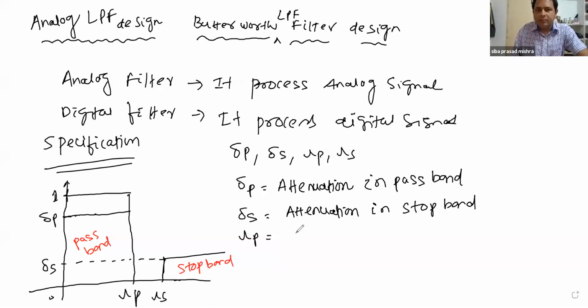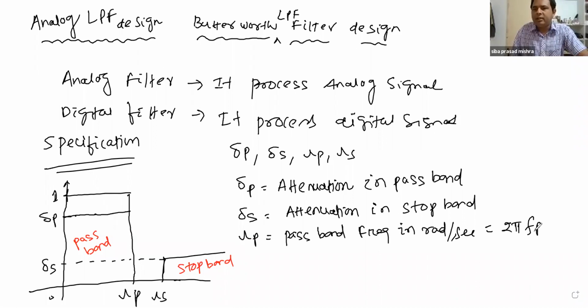So we can write it as passband frequency in radian per second. That is important. You should not confuse. It is in radian per second, and we can write it as 2 pi fp. Yes or not? This fp is the passband frequency in hertz.